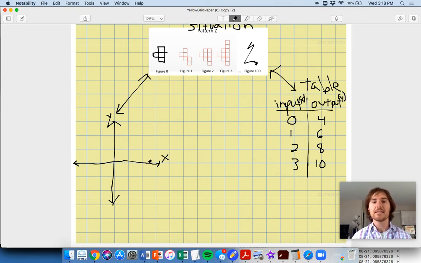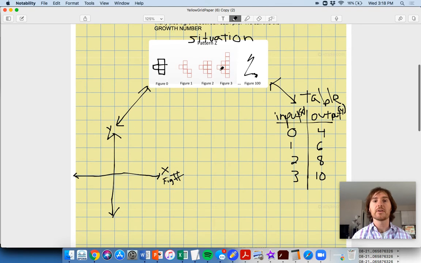Our x is our input variable. So that's our figure number. And our y is our output, right? Our output here is number of tiles for a given figure number. So number of tiles.